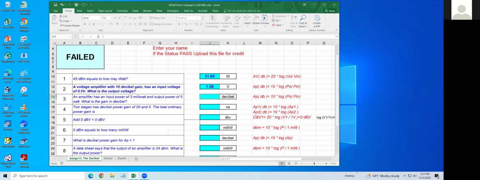I'm a little off. I got 32.21 decibels. You mean 32.2?